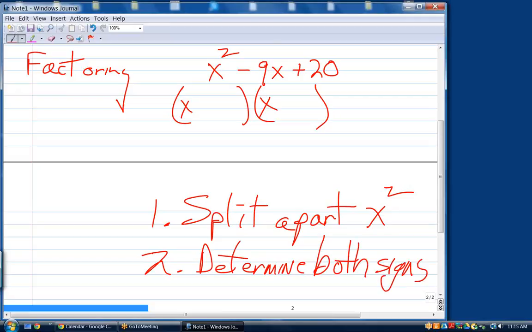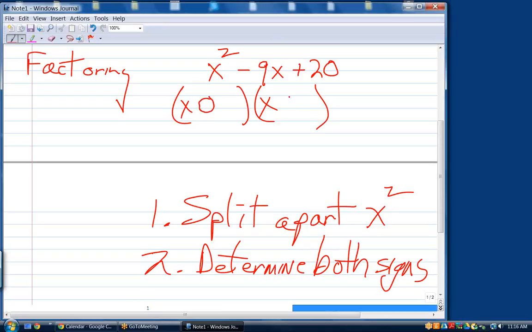Remember, what we're doing is unmultiplying this thing. This x squared minus 9x plus 20 is going to result when you multiply some x minus or plus some number times some x minus or plus another number. So the second step is to determine both sides.